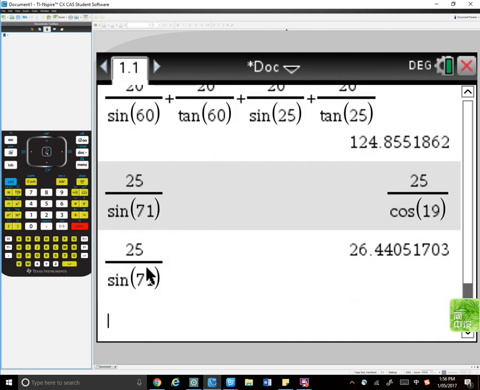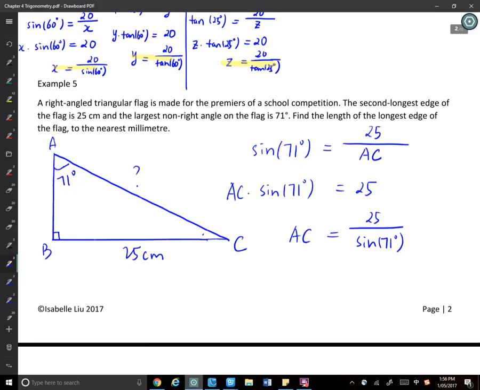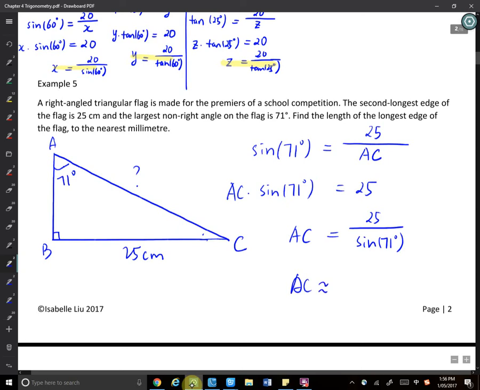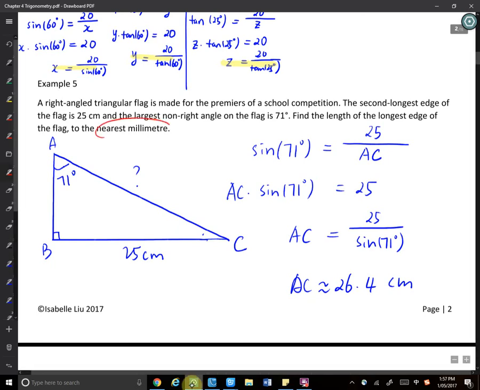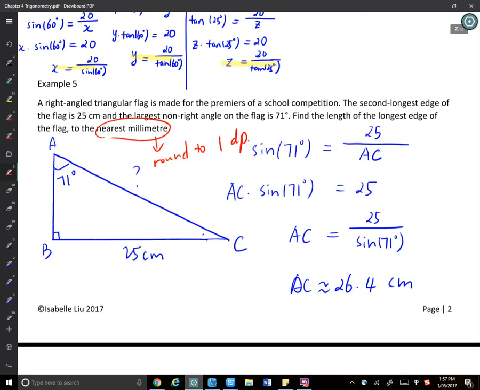And that's 26.4. Okay, so AC is approximately 26.4 centimeters. You don't need to convert that into millimeters. This nearest millimeter just tells you to round to 1 decimal place.